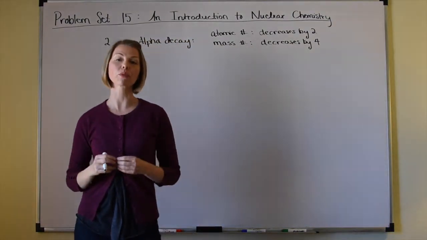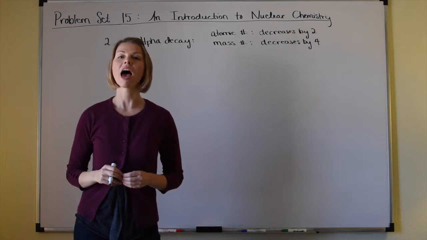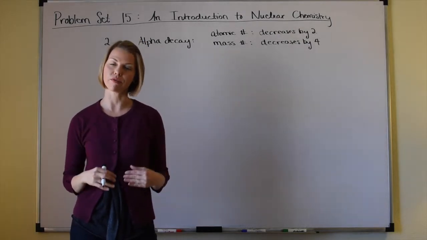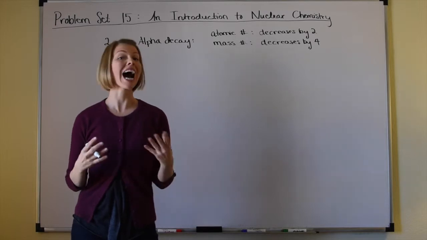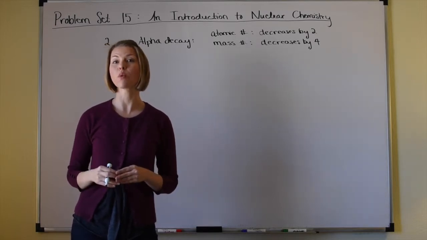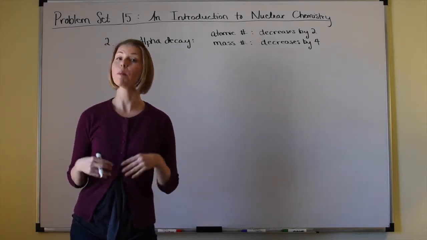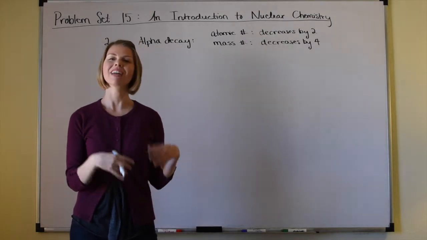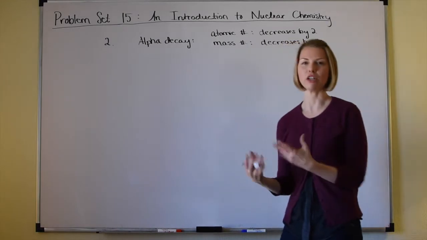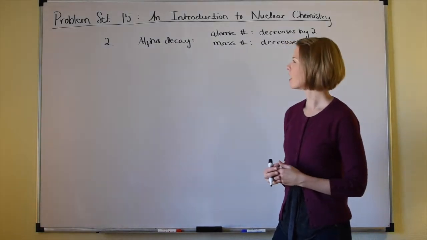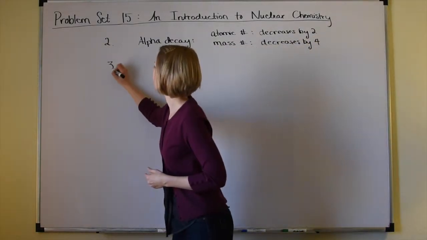The atomic number will decrease by 2 and the mass number will be decreased by 4. So you can always figure out what element, what isotope of what element is going to form from an alpha decay by going to the periodic table and looking up that new atomic number and then calculating that new mass number. All right, number 3.